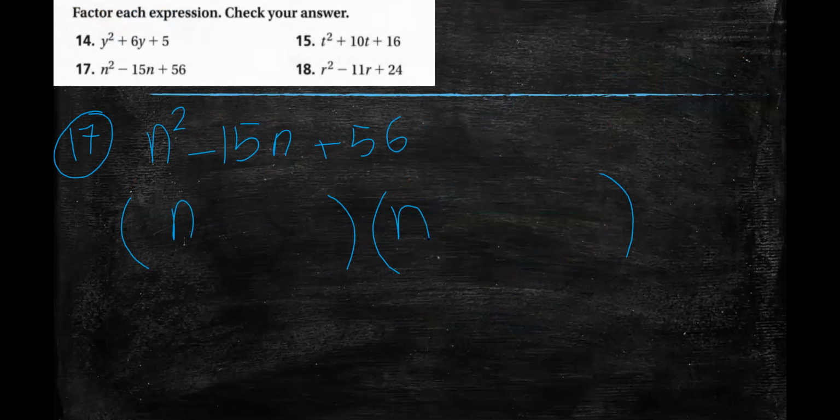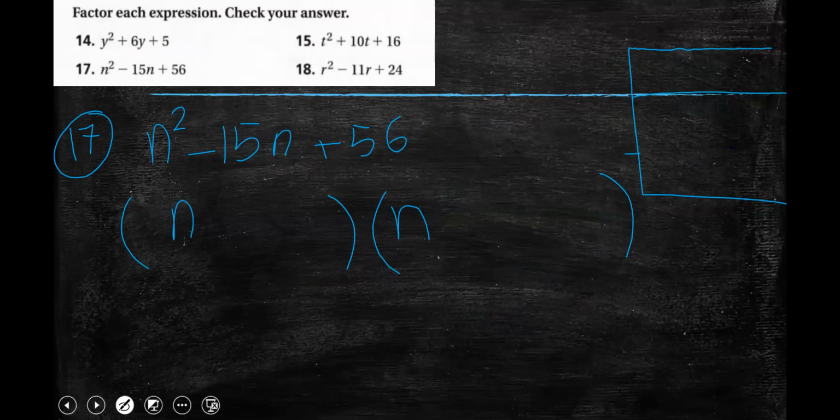Then we have our positive 56, but with a negative summation. So what does it mean? Shall I write positive factors or negative factors? Negative factors. I will repeat my question.